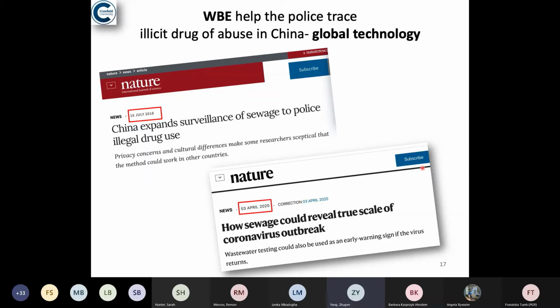Also, after the SARS-CoV-2 crisis, this April there was another highlight on testing sewage, after KWR in the Netherlands tested positive in Amsterdam airport. This could attract more and more attention.